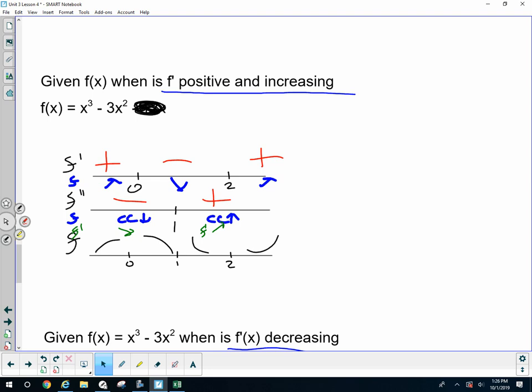And I'll get rid of all this extra stuff because it might just get in our way. And I actually am going to get rid of, well, no, I won't get rid of the shape of f.